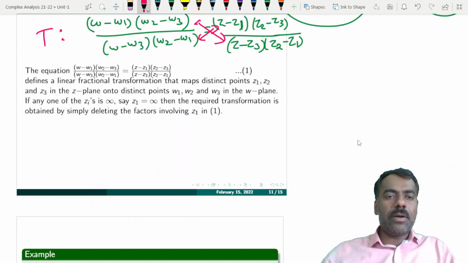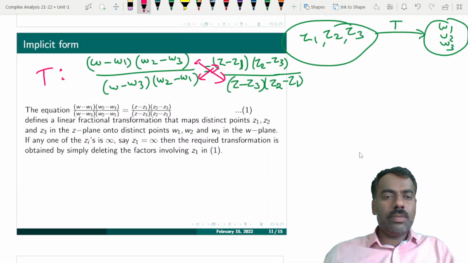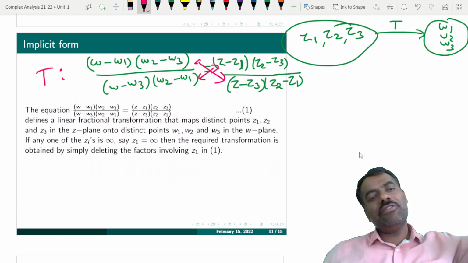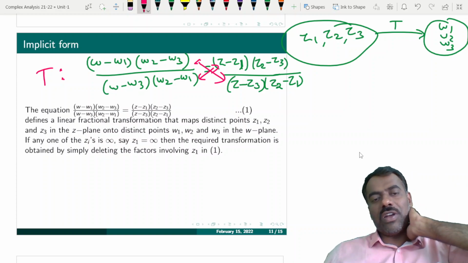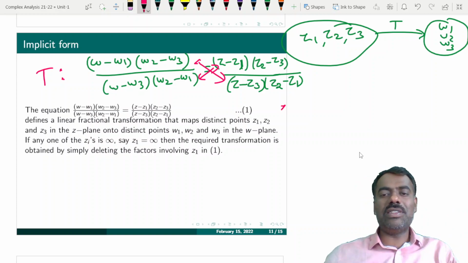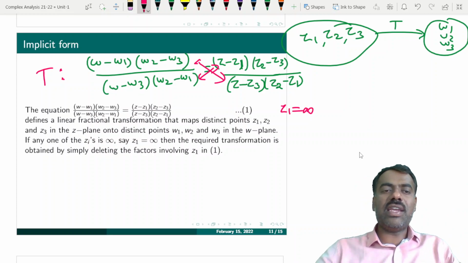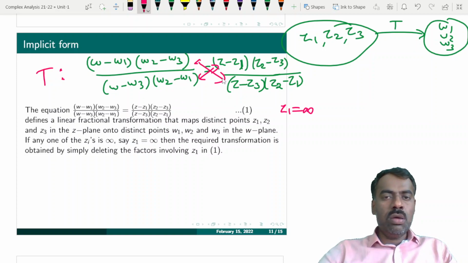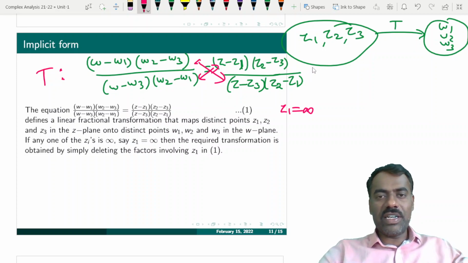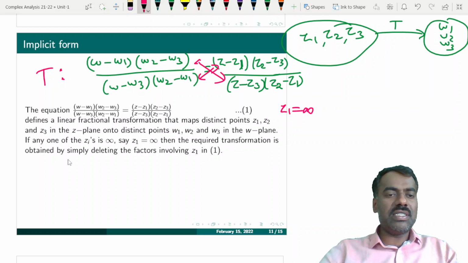Fine. Now, this T is defined on the extended complex plane. If one of these zi's, say z1, for example, is infinity, then by taking z1 common outside, the required transformation is obtained by simply deleting the factors involving z1.